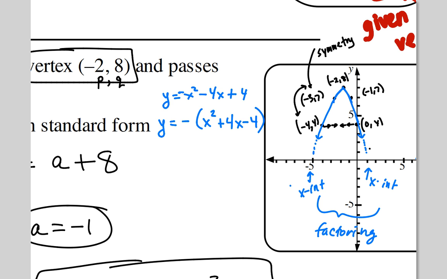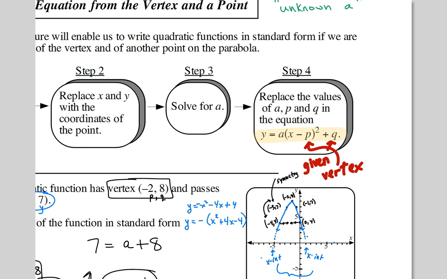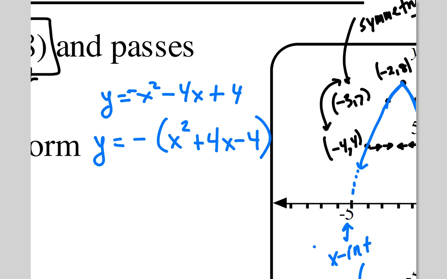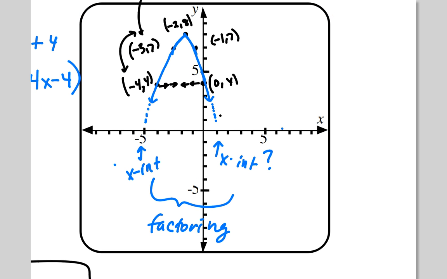Can we factor that? I don't think so. Negative 2, but then you get positive 4. Can't factor this.